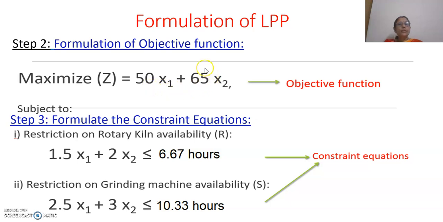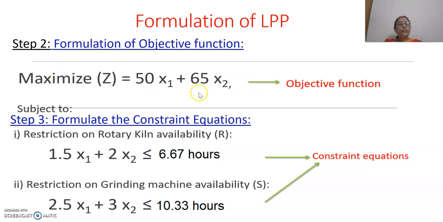Similarly, by selling 1 unit of cement B, I will get 65 rupees as profit. I am going to manufacture x2 units per day. Therefore, my total profit with respect to B will be 65 x2. So the total profit of the company per day would be 50x1 plus 65x2, because I am manufacturing two products A and B. This is the objective function.